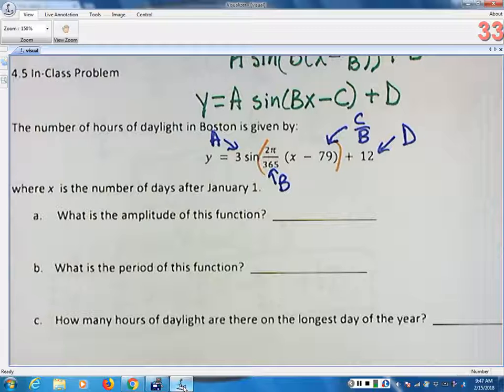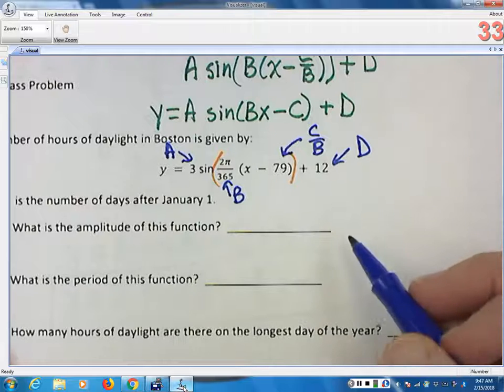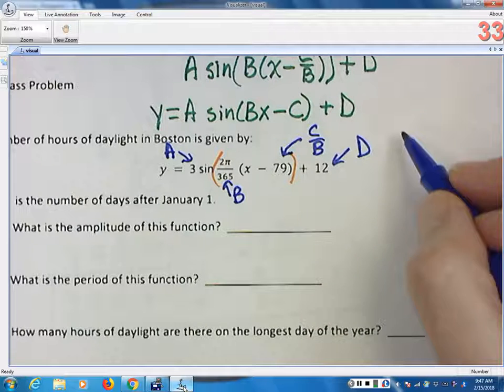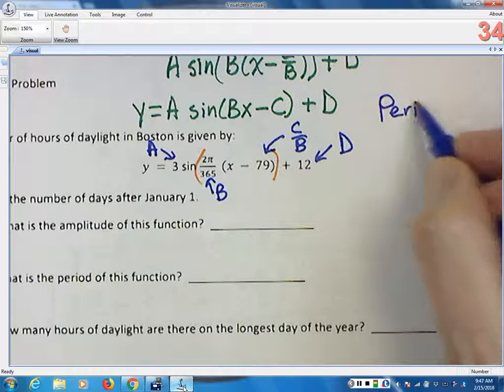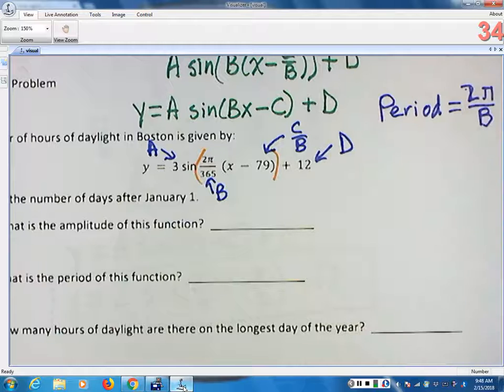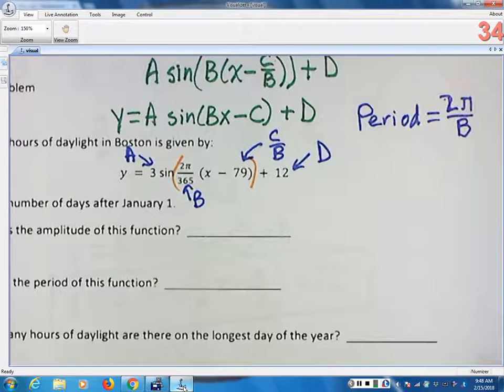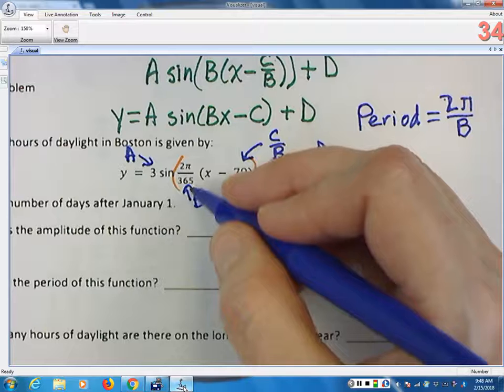The period is 2 pi over B. So you have to find your period as 2 pi over B, and B is 2 pi over 365.